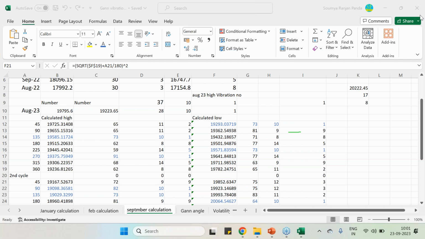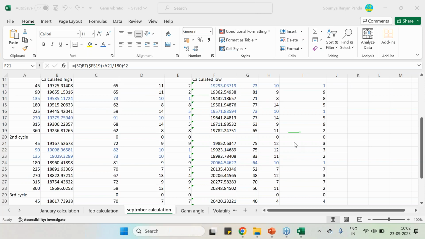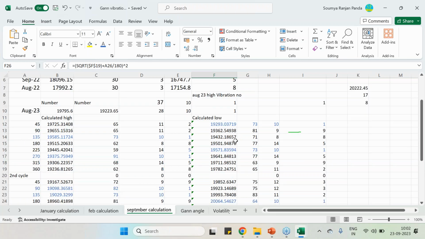Earth is not a flat object, it is a sphere. It is like a football. That's why a spherical object is being utilized here. So all ones you have marked here. After marking all these ones, you got here 20,064, 20,135, 20,206, like this way you got.